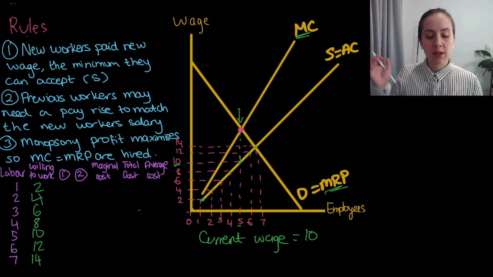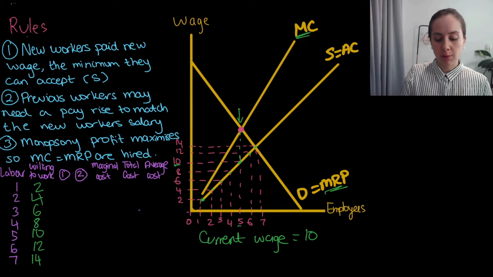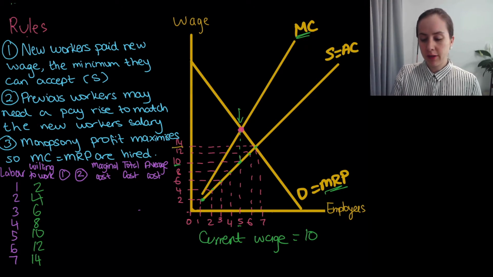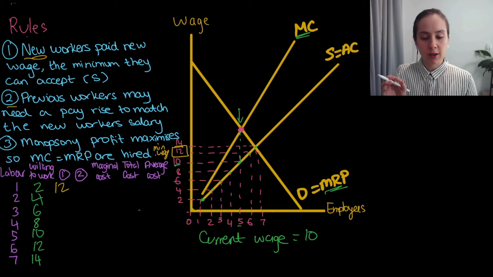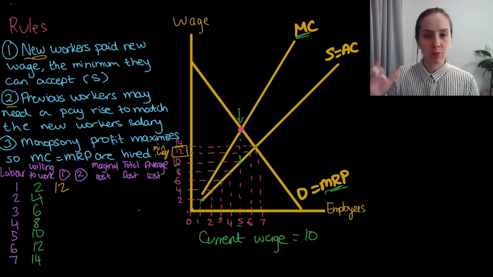Let's say that's too low, and let's say that the government wants to aim for a wage of at least 12. So this 12 is going to be the new minimum wage. So let's apply this. Worker number 1, let's assume that the monopsony wants to hire worker 1. It's going to have to pay the new worker, that first worker, legally 12. Then rule 2, it's going to have to provide a pay rise to any previous employees that don't work at 12.